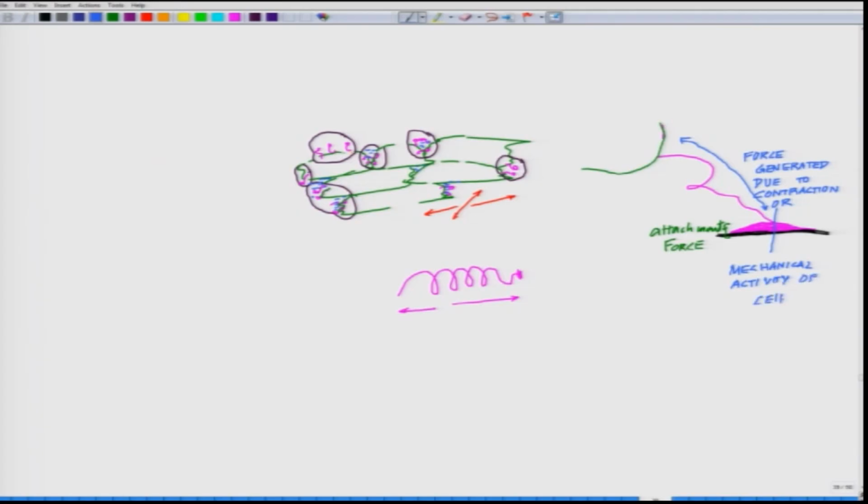Now, if I denote this force as F prime and the attachment force as F double prime, and if F prime, in terms of Newtons, is greater than F double prime, then what will happen? This cell will get detached from this surface.